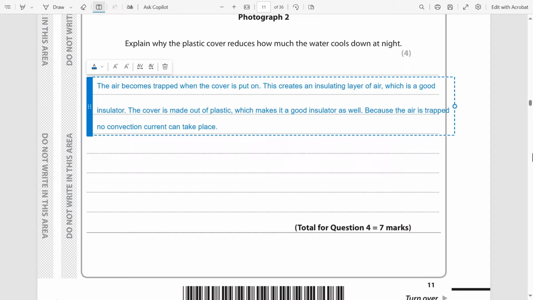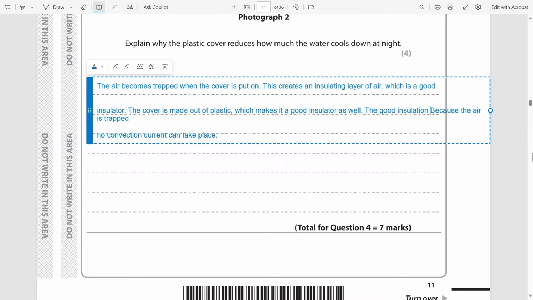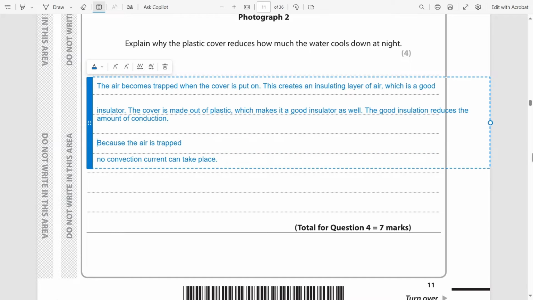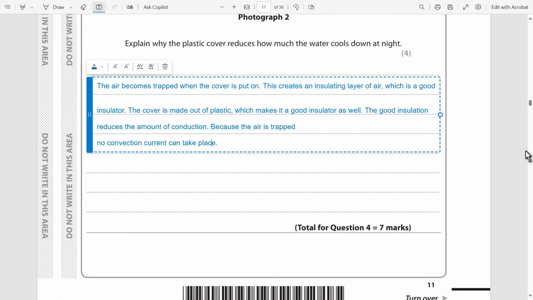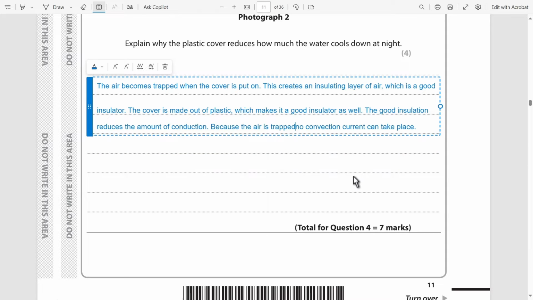We can also talk about how the good insulation reduces the amount of conduction. No convection current can take place.